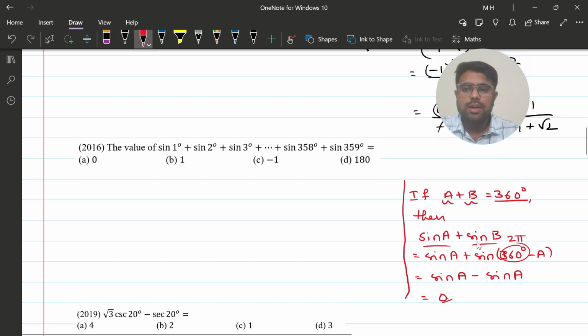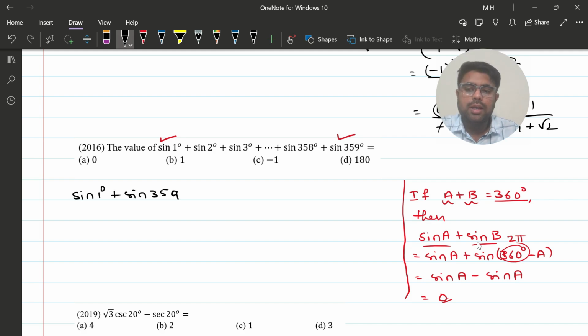Right. So here, if I take out the first term and the last term, what is it? Sine 1 degree plus sine 359 degrees. If you take the sum of these, it is 360 degrees. So here a plus b is 360, therefore sine a plus sine b must be equal to 0.